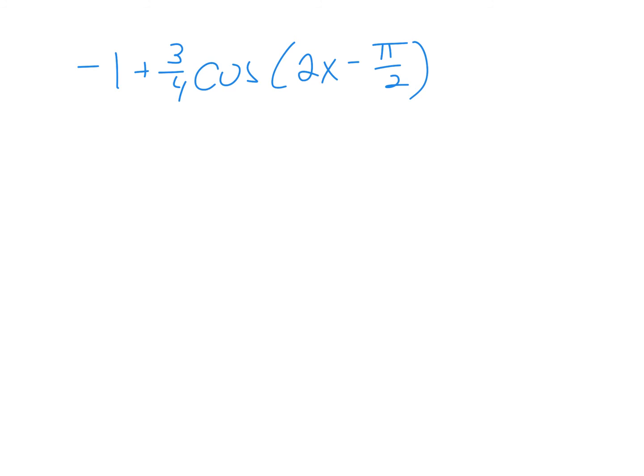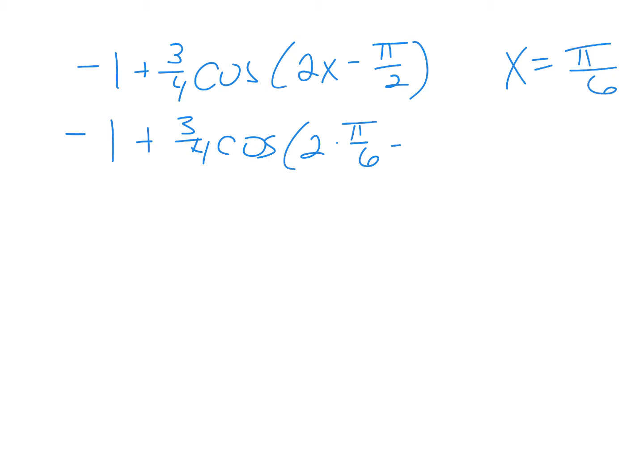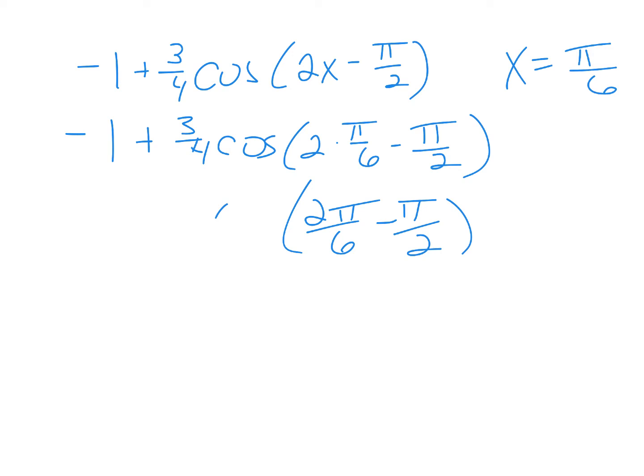All right, so we are going to solve for cosine when x is equal to pi over 6. So we're going to plug in pi over 6. That's going to get us 2 pi over 6 minus pi over 2, and that's going to get us negative pi over 6.